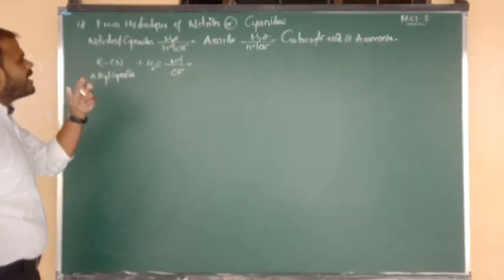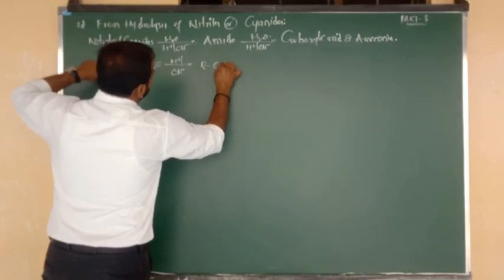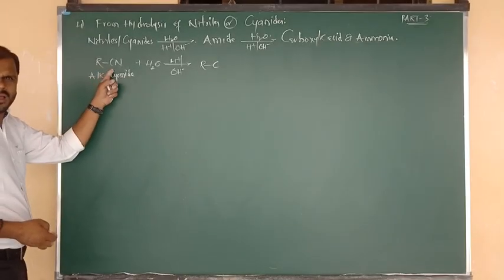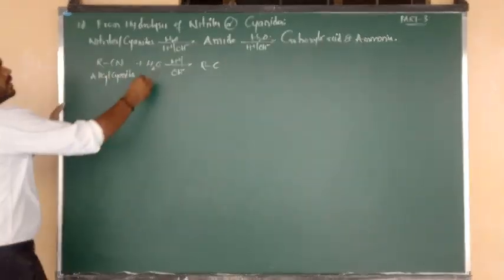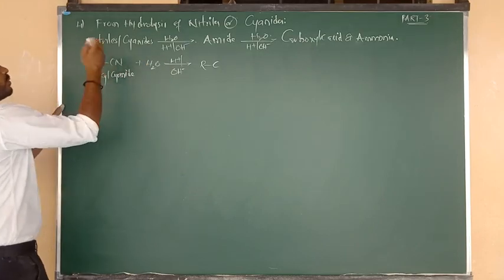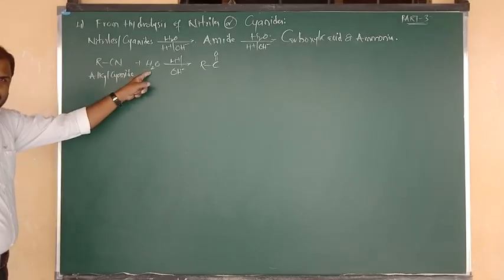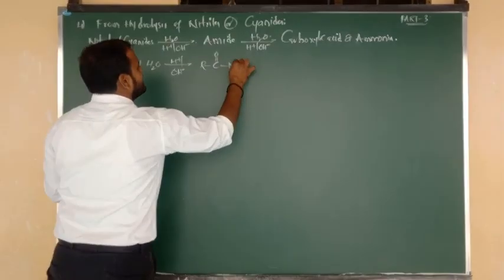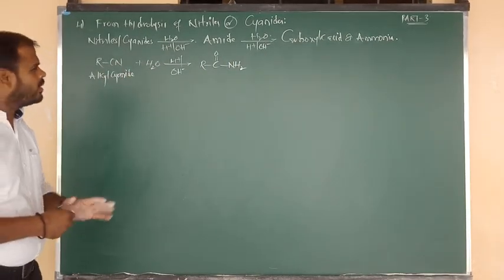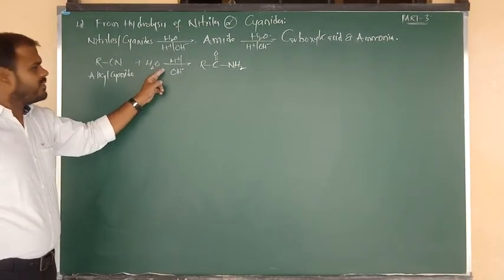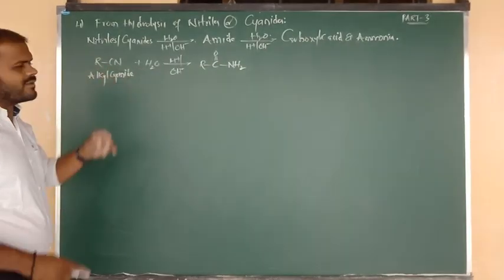First we get amide as the intermediate. R is bonded to C. The central carbon is attacked by the oxygen atom from the water molecule, so we get C double bond O, and the remaining two hydrogens are given to the nitrogen, giving NH2. So cyanides upon hydrolysis give amides.